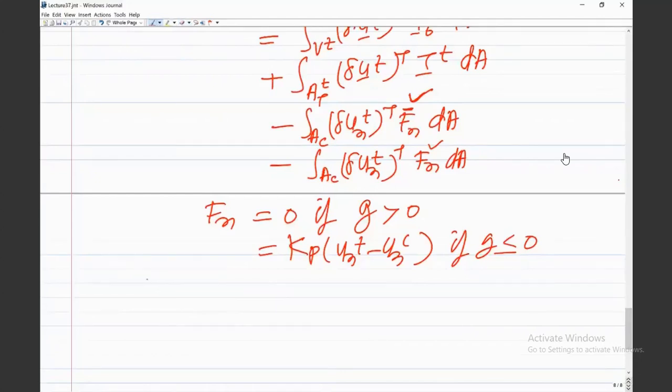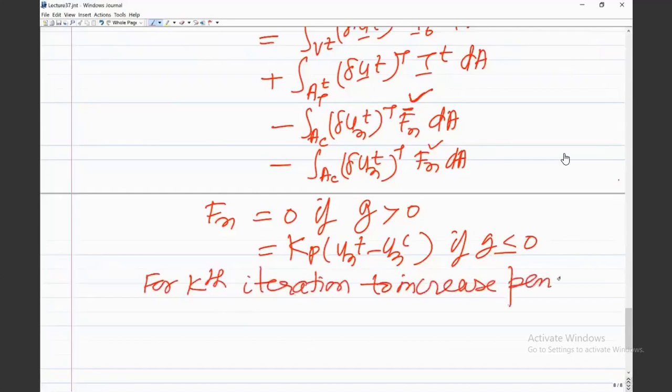So for the kth iteration to increase penalty parameter Kp, for every value of the penalty parameter there would be iteration. I am talking of the iteration where the penalty parameter Kp is increased.